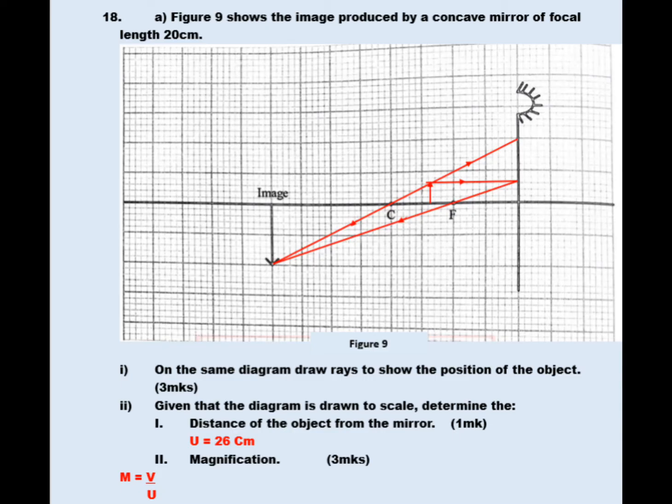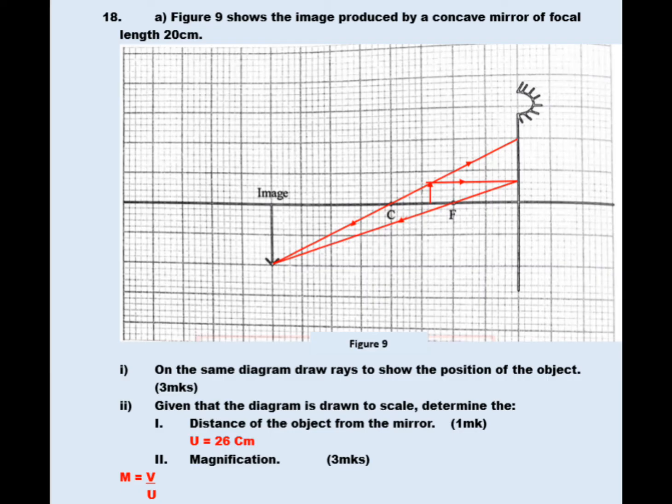So you can see the image, you can see the focal length, which is 20 centimeters, and the center of curvature, and also the concave mirror. Roman 1. On the same diagram, draw rays to show the position of the object, location of the object.